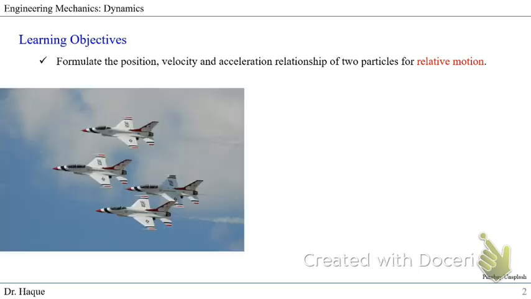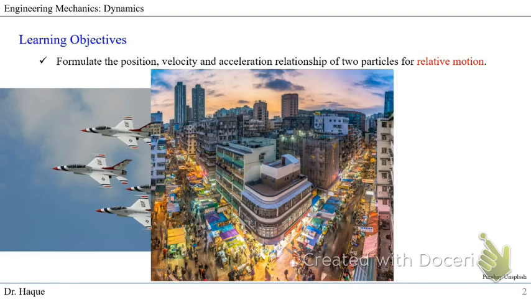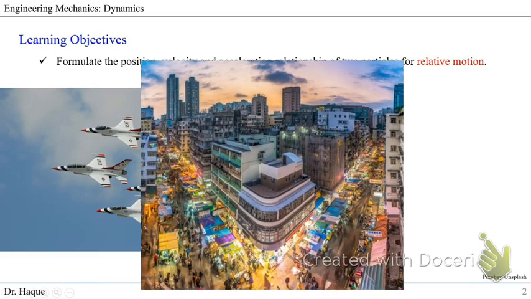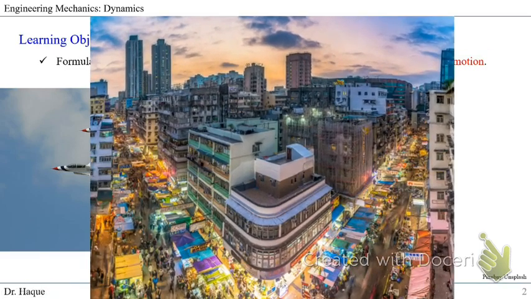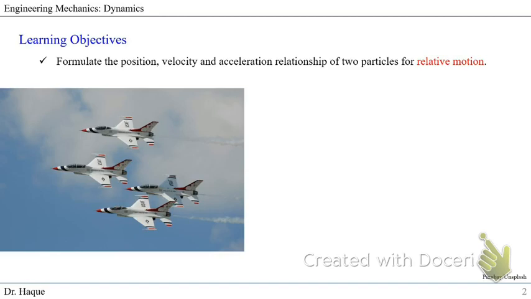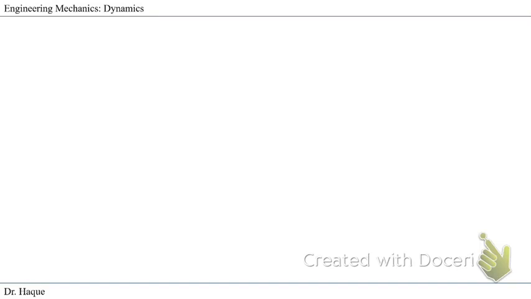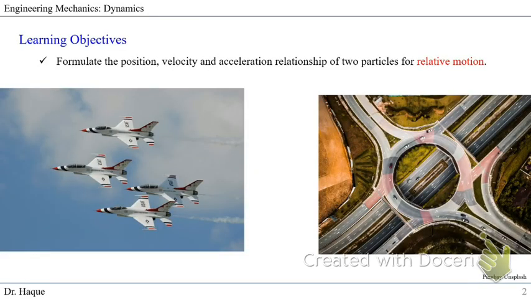As we already talked about the relative motion of one plane to another when they fly together, we can also have it in a vibrant city. If you are moving along this street, and the people are moving along this street, they have relative motion from this point to that point. We can apply it for those cases, and also for roads or flyover bridges.